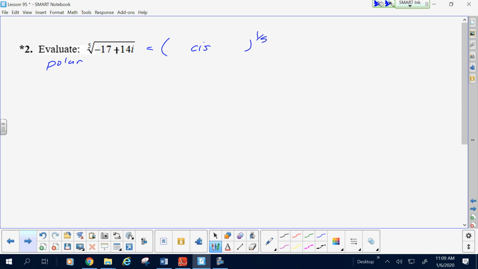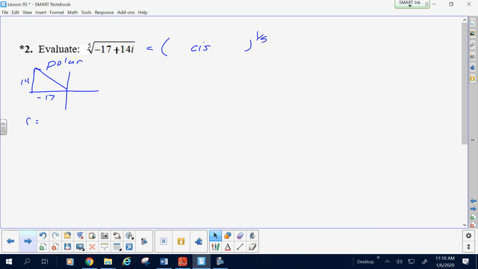What is this? Your group is up here. All right. What quadrant do I end in? Second. Left 17 up 14. Or, sorry, left 17. Yeah, left 17 up 14. So, R. Find it and shout it out. First one to shout it out is awesome.